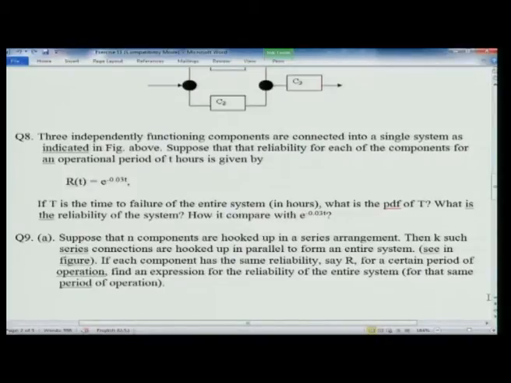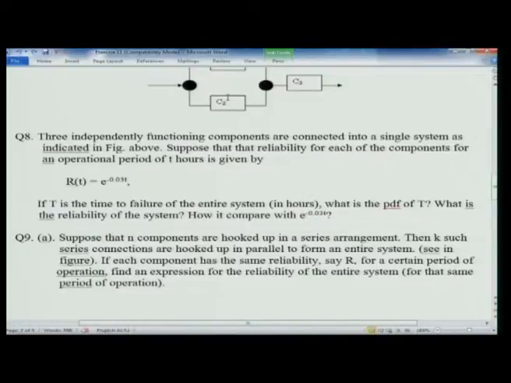Obviously, even your guess should be that it will definitely improve the reliability, because there are two components in parallel. See, the reliability of the component consisting of C1 and C2 will go up, but C3 will have the same.